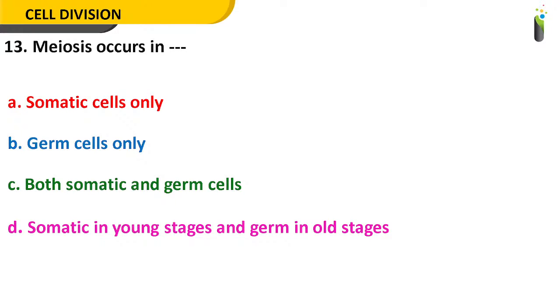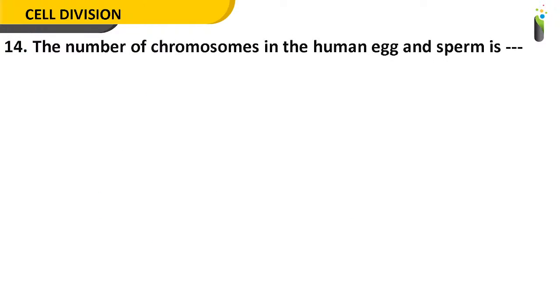Well, the answer for this question is B. Meiosis occurs in germ cells only. Germ cells, these are the cells that are present in the gonads, that is testis in the males and ovaries in the females.